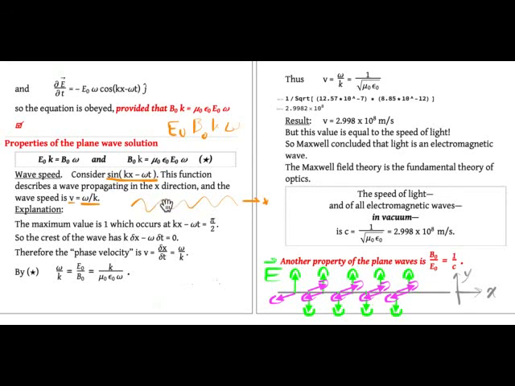The crests of the wave occur where the sine is plus 1. So these are the crests of the wave. They occur where the sine is 1, and that occurs at kx minus omega t equals pi over 2.